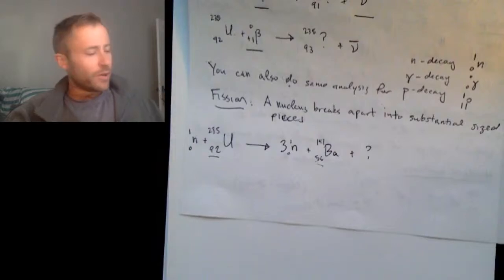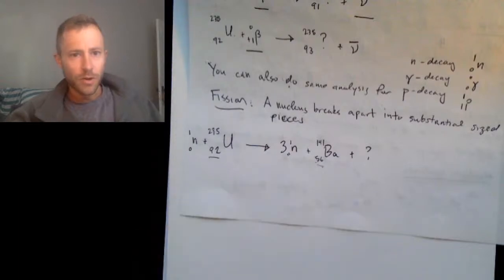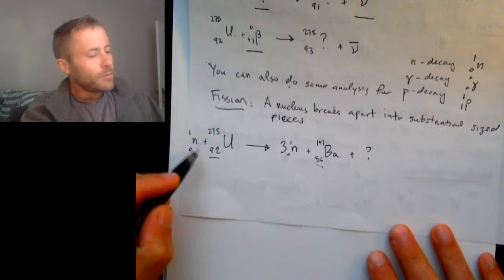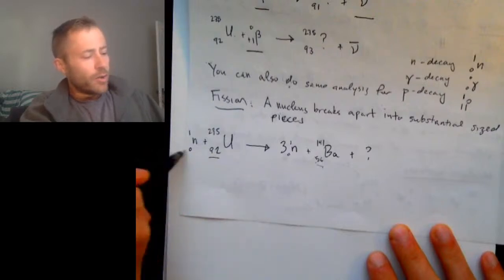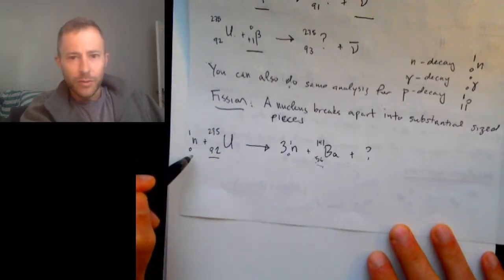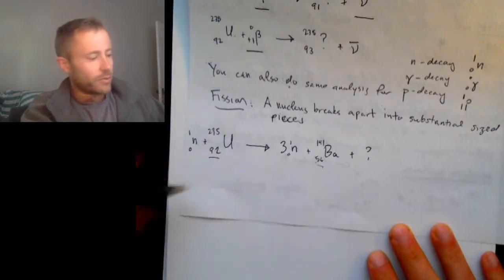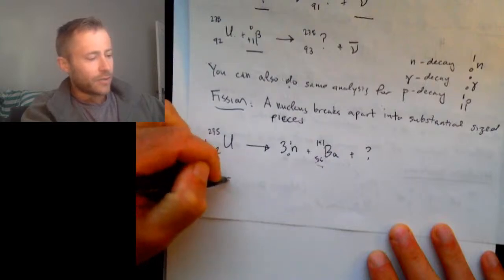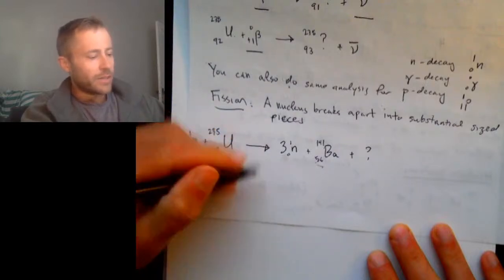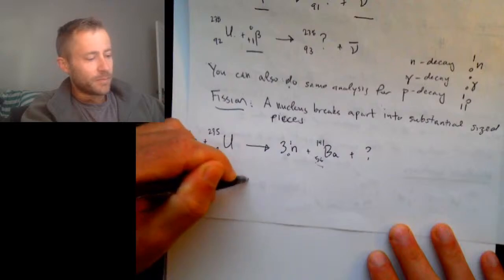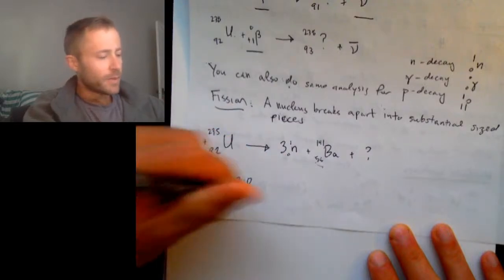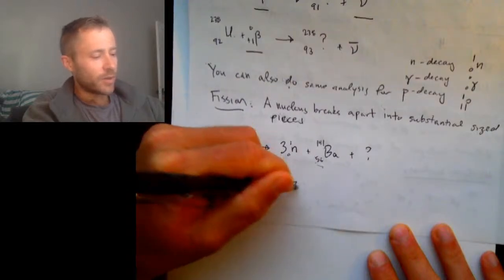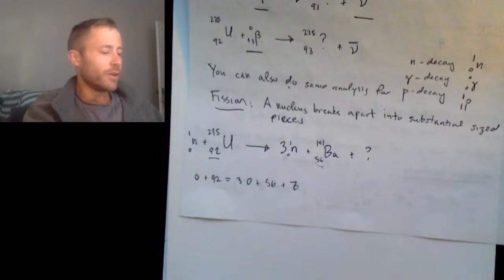Okay, so let's try and figure out what is the charge of this question mark. So the lower numbers have to add up on each side of the equation. So I have 0 plus 92 has to equal 3 times 0, because there's 3 neutrons, plus 56, plus the atomic number of the unknown.